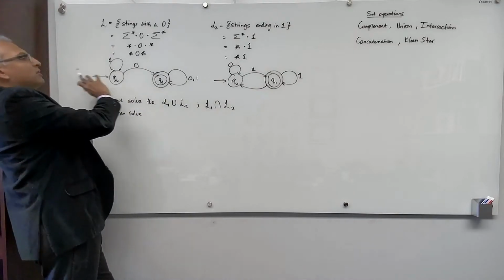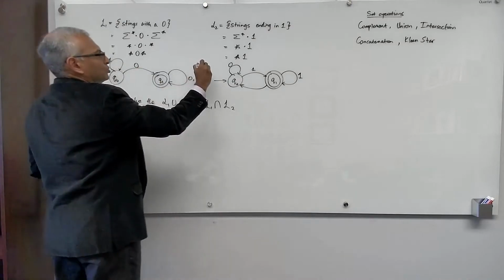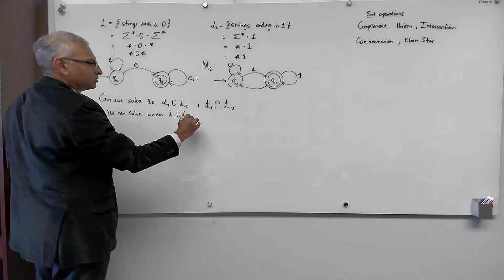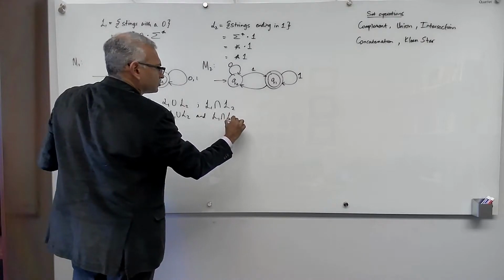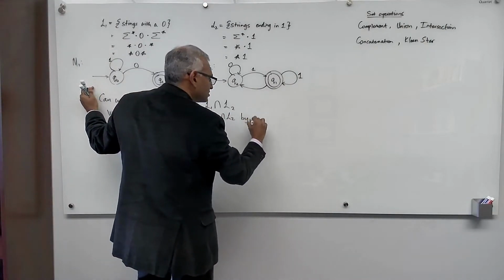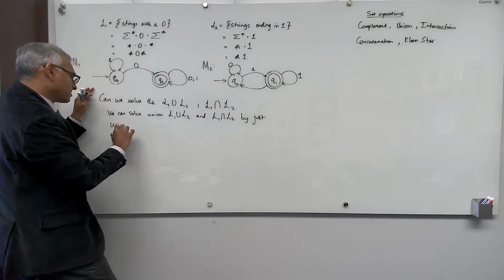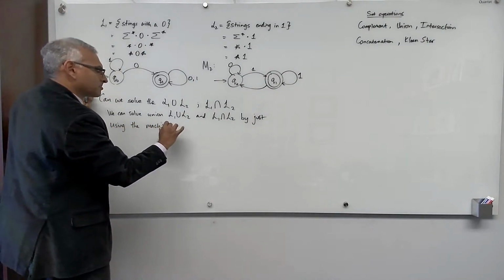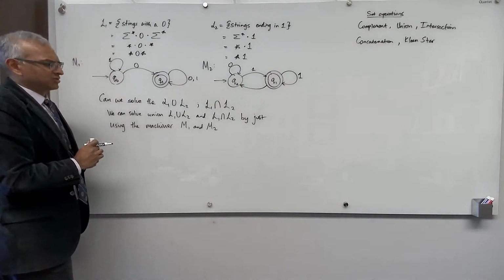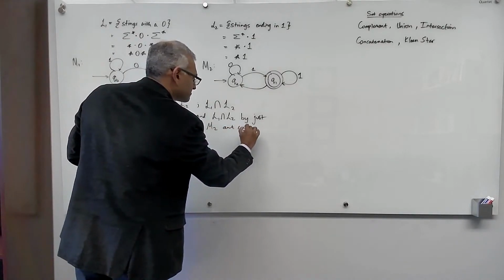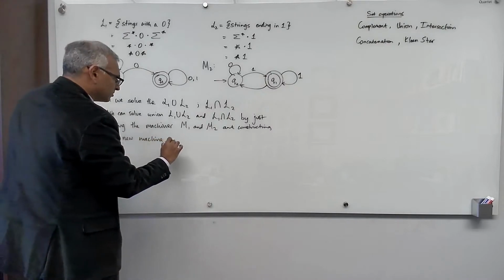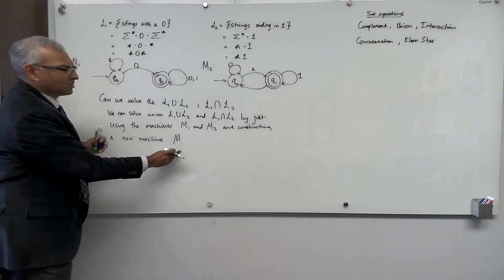Let's name these machines M1 and M2. We can solve the union, L1 union L2, and the intersection, L1 intersection L2, without reasoning about the languages, by just using the machines M1 and M2 and constructing a new machine, let's call it M, directly without even looking at the languages.